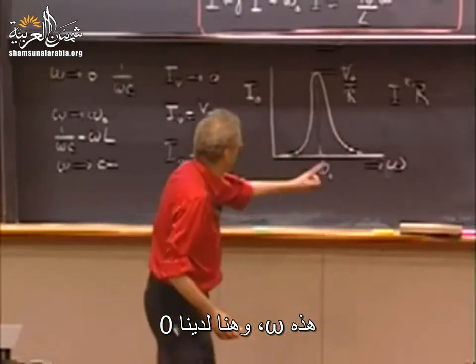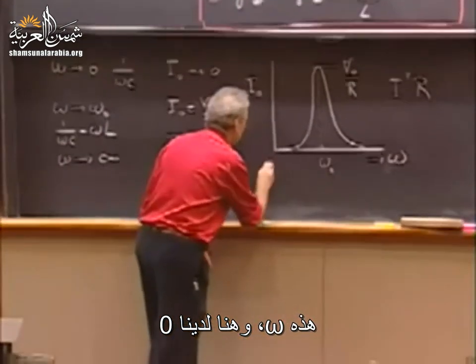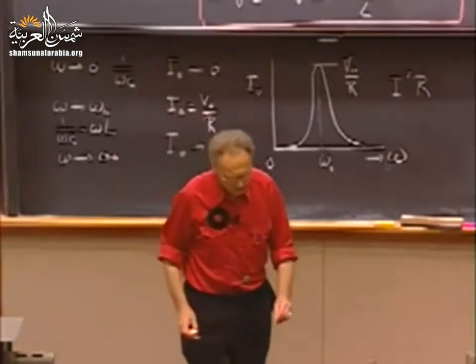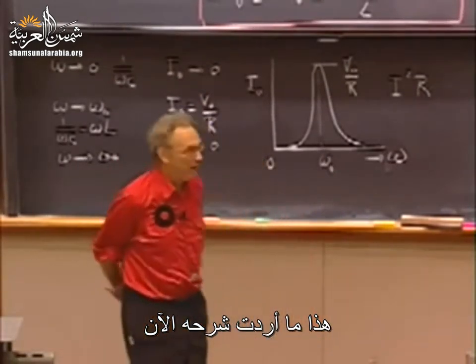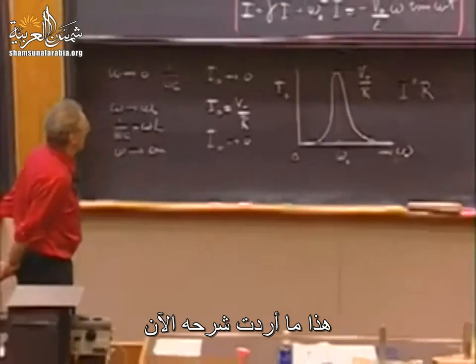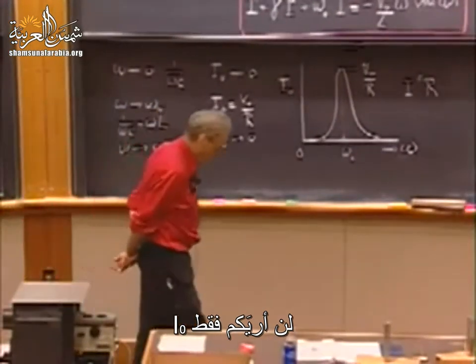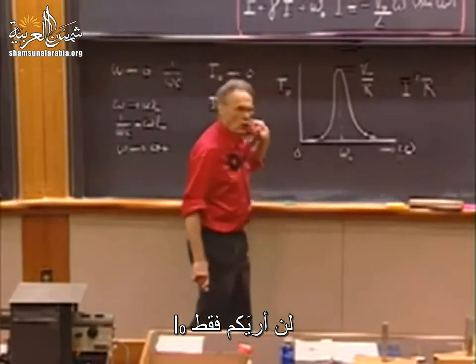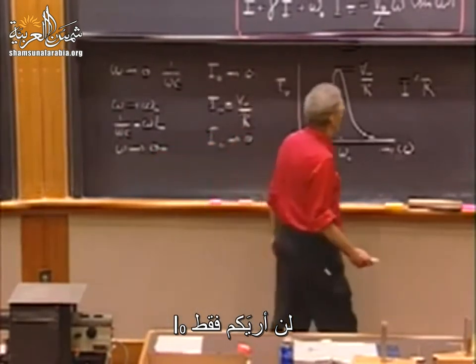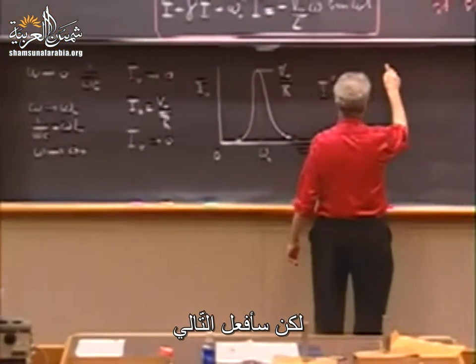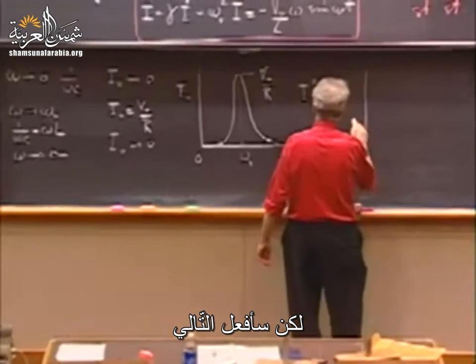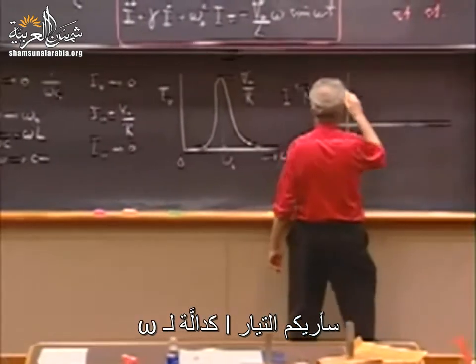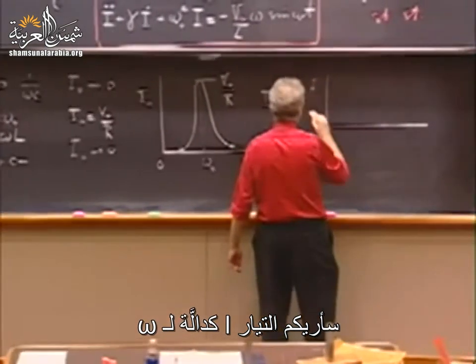So this is omega, and here is 0. And this is what I want to demonstrate now. I'm not going to show you I0 only, but what I'm going to do is the following. I'm going to show you what I is as a function of omega.